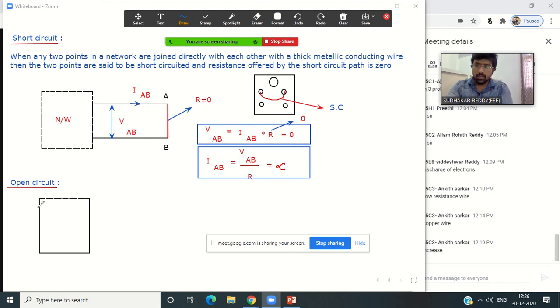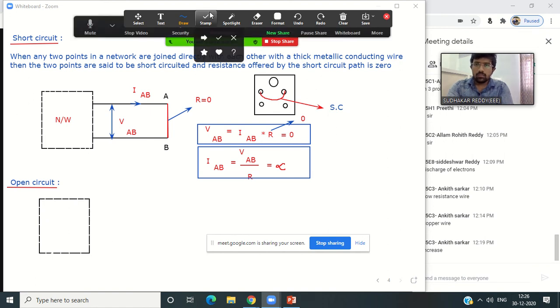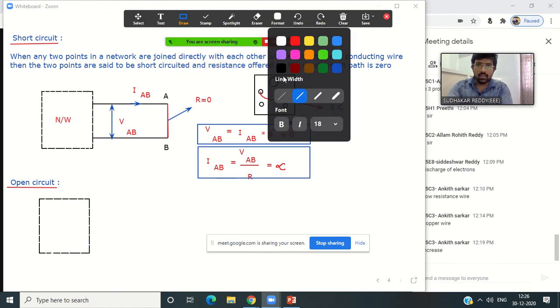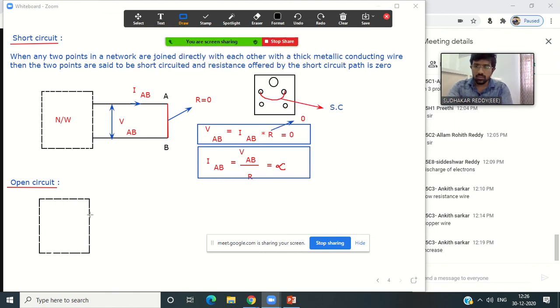Please respond once completed. Copied, right? Good. So once copied, all of you keep it as open circuit. Now we will see what happens when an open circuit occurs.